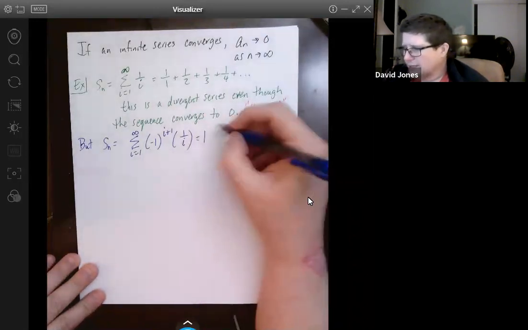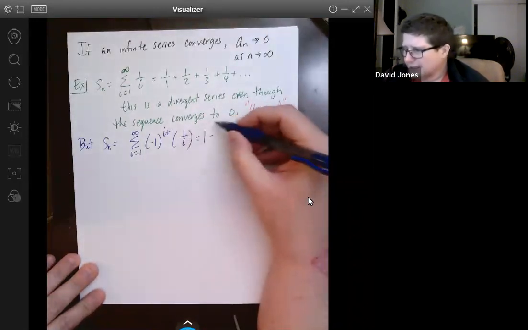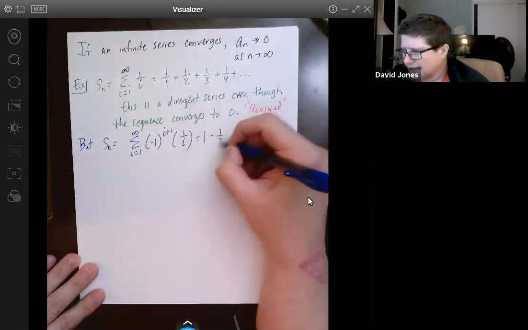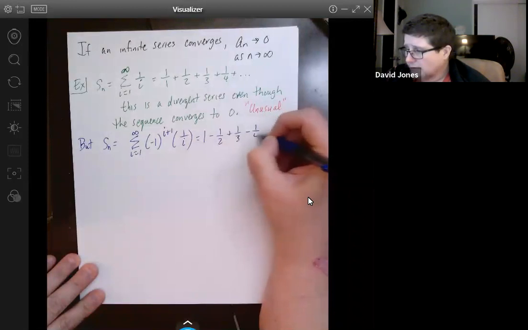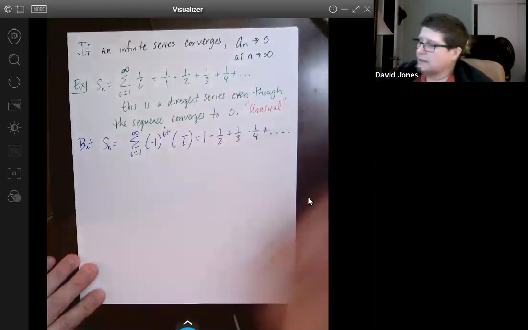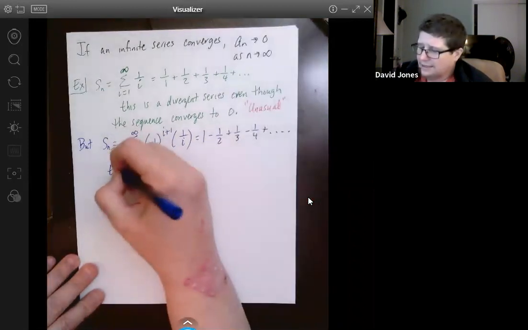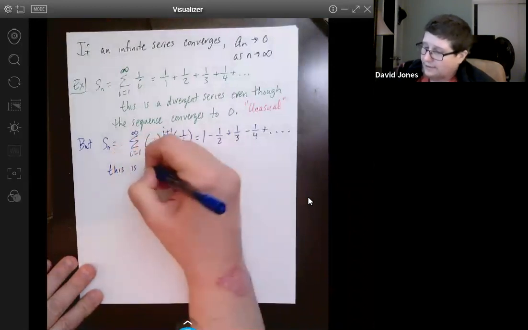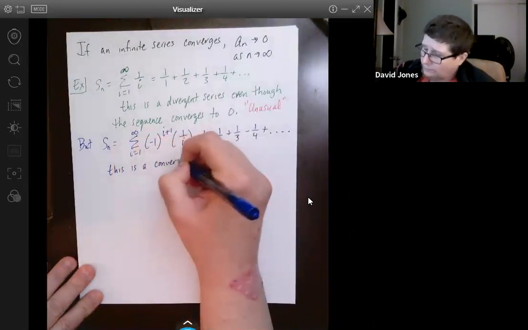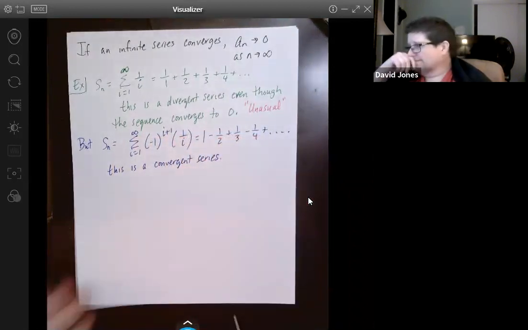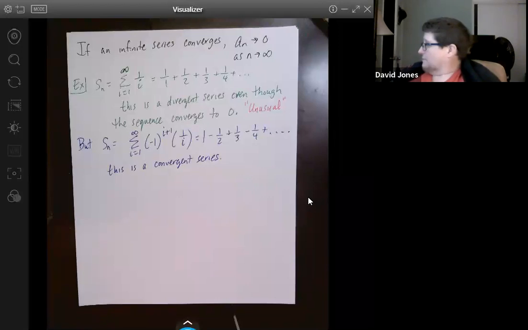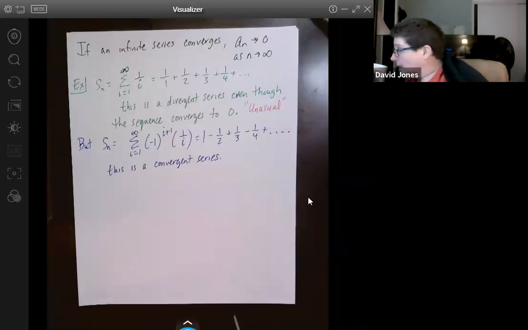The first term's 1, then it's got the same terms, but they alternate signs now. This is a convergent series. It actually adds up to a real number. You'll explore this in calculus. This is a very popular one in calculus.